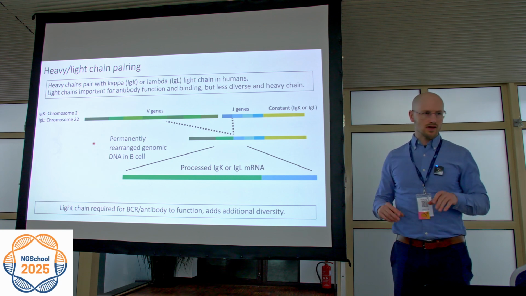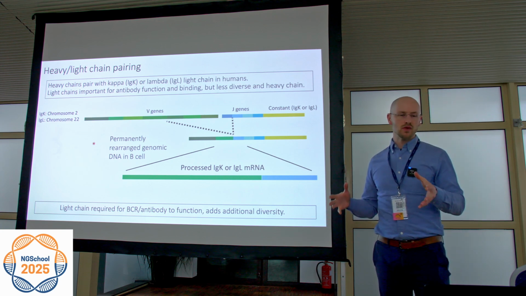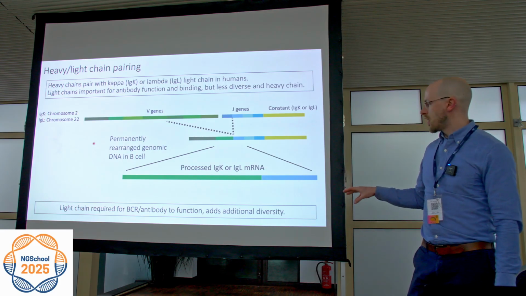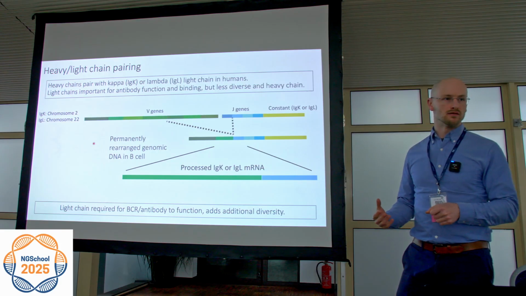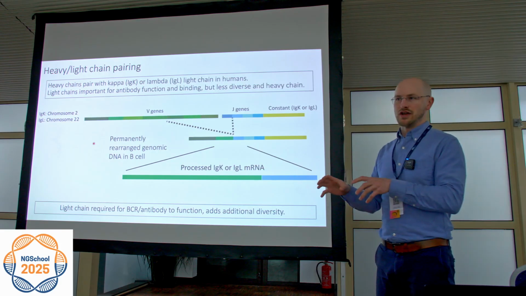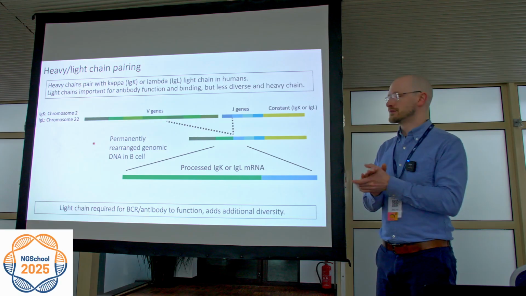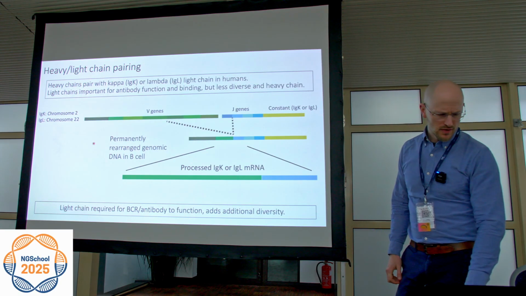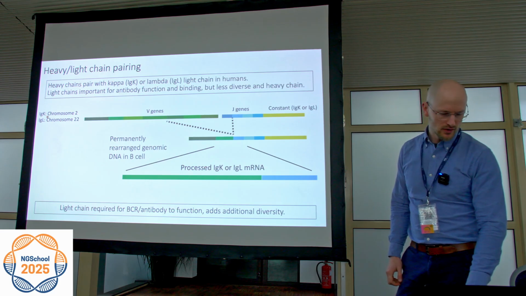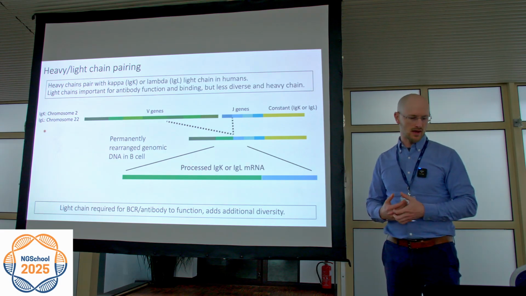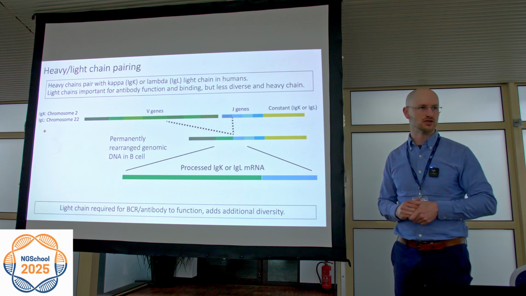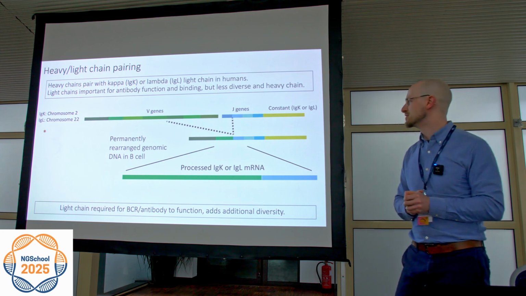And because of this, there is a lot less diversity in the light chains that are produced. However, the light chain is required for the BCR and antibody to function, and not all heavy chains can pair with all light chains. Importantly as well for humans, there are two light chain loci, Ig kappa and Ig lambda. I don't know why the heavy chains are in English and the light chains are in Greek, but immunology is weird like that.